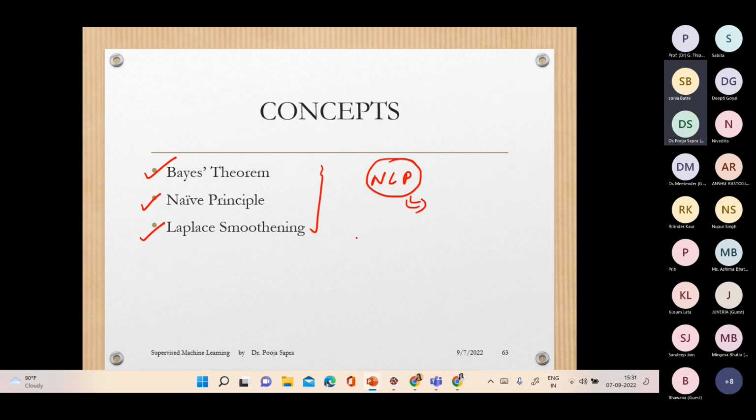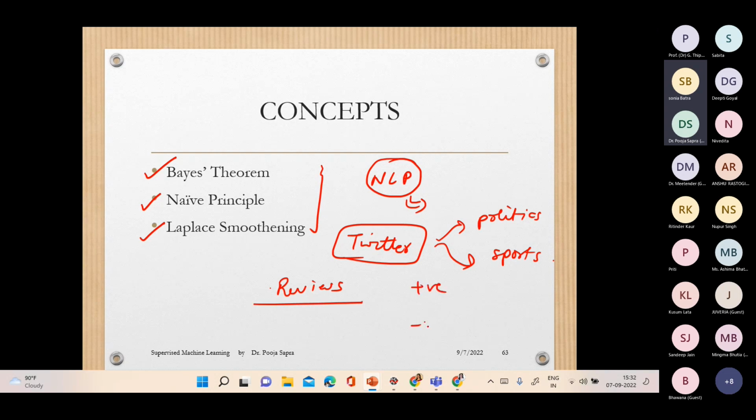For example, I want to check whether the posts on Twitter are more relevant to politics or to sports, or whether the reviews of a particular company are positive or negative.